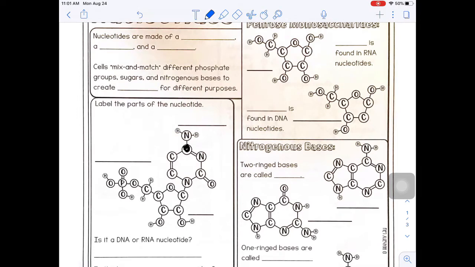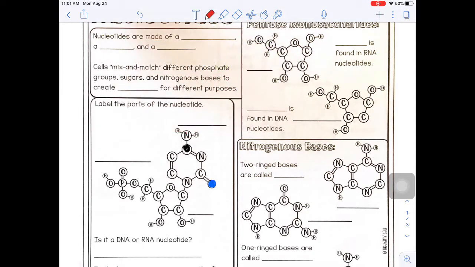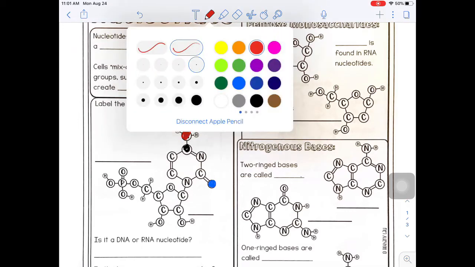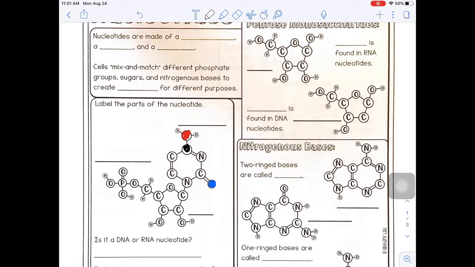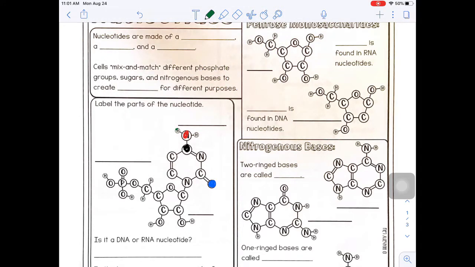Oxygen I'm going to put in as blue. Nitrogen I'm going to put in as red. Let's see, can you use white for hydrogens since we already used black? Yeah, that doesn't look like anything. Let's do dark green for the hydrogens.